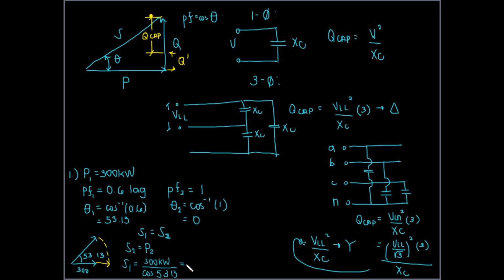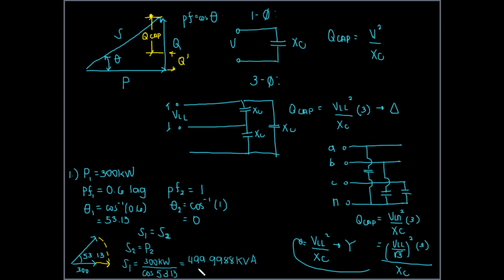So 300 divided by cosine 53.13 gives us 499.9988 kVA.